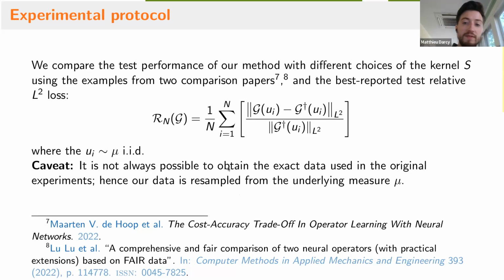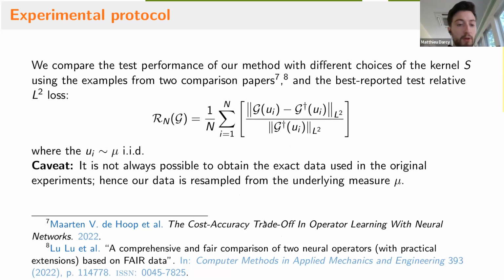For all of these examples, in terms of accuracy, we looked at the best reported test relative L2 loss. You can think of this as a percentage: what is the percentage loss compared to the truth? We're very grateful to these authors for putting their data online so we could compare against them.